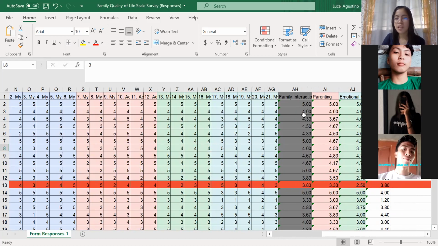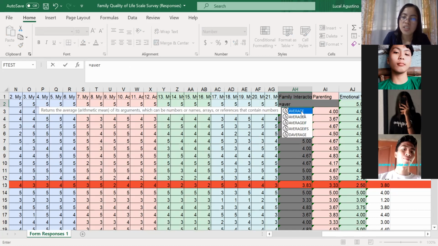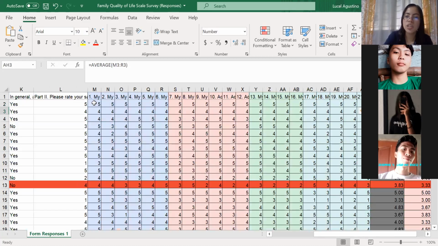So ang family interaction ginkuhaan ko siya mean. Di ba per area man to sa family interaction. So equals lang na siya, equals sa inyo Excel, then average. Ang average, double click, then kadto ka dayon sa may areas, kaning blue nga items, and then enter.